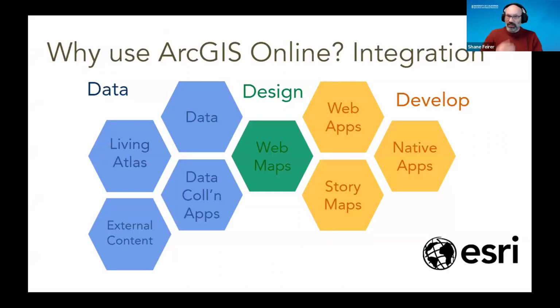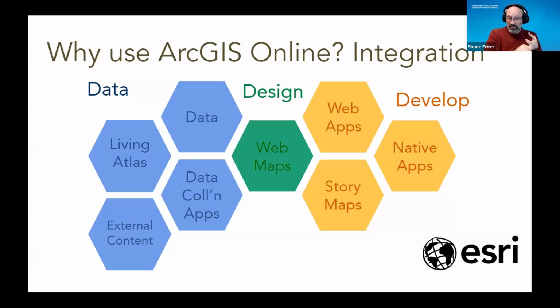Why else would you use ArcGIS Online? It's the tight integration that it provides. There's the data, there's the design, and then there's to develop. What I mean by data, as I mentioned, you have the Living Atlas. You can bring in your own data from your computer. You can bring in your own data from your own servers. You can use CSV files. You can import photos.